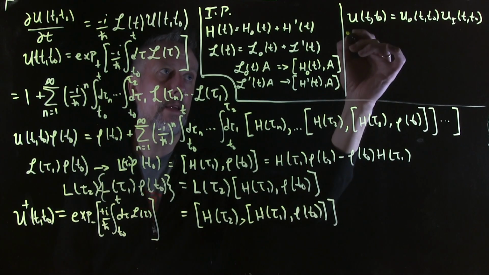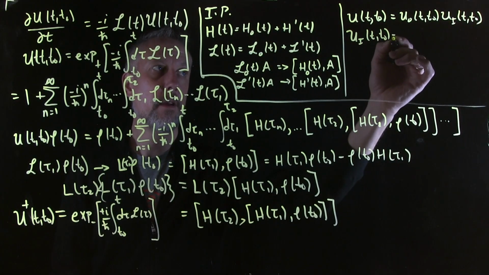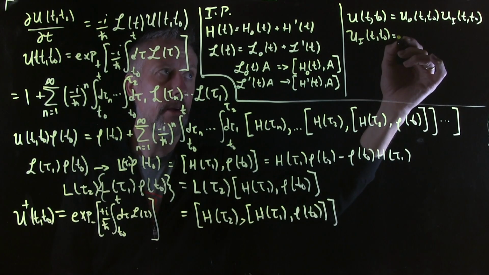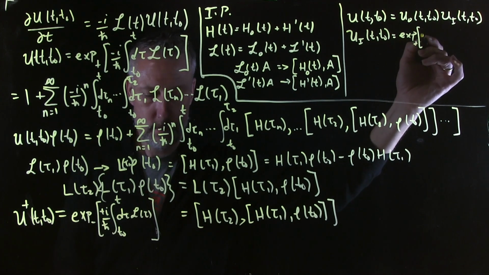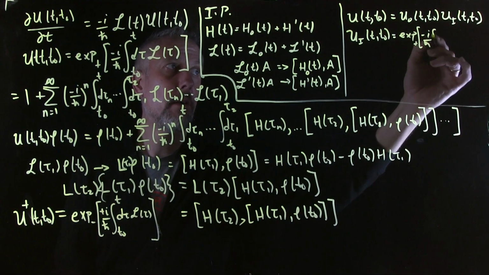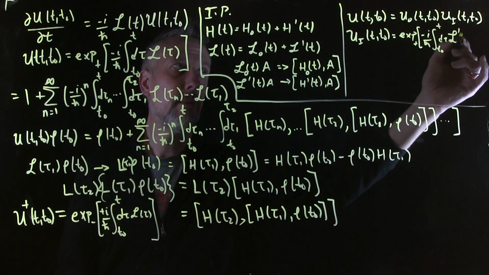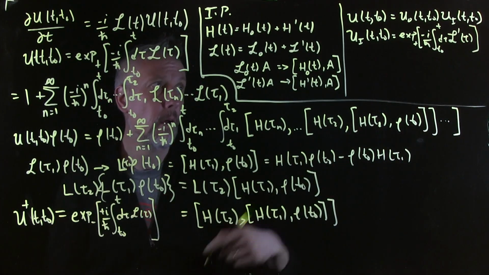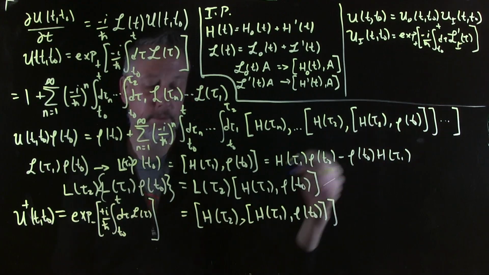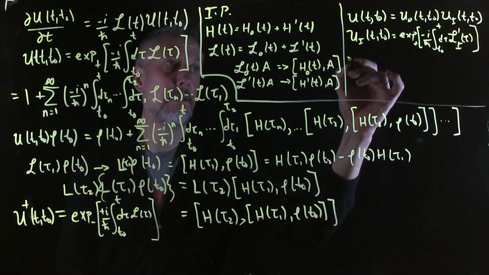Okay, and what's U_I? It's what you think it is. It's the time-ordered exponential operator of minus i over h bar, integral from t naught to t, d tau of L prime I of tau. What's L prime I?